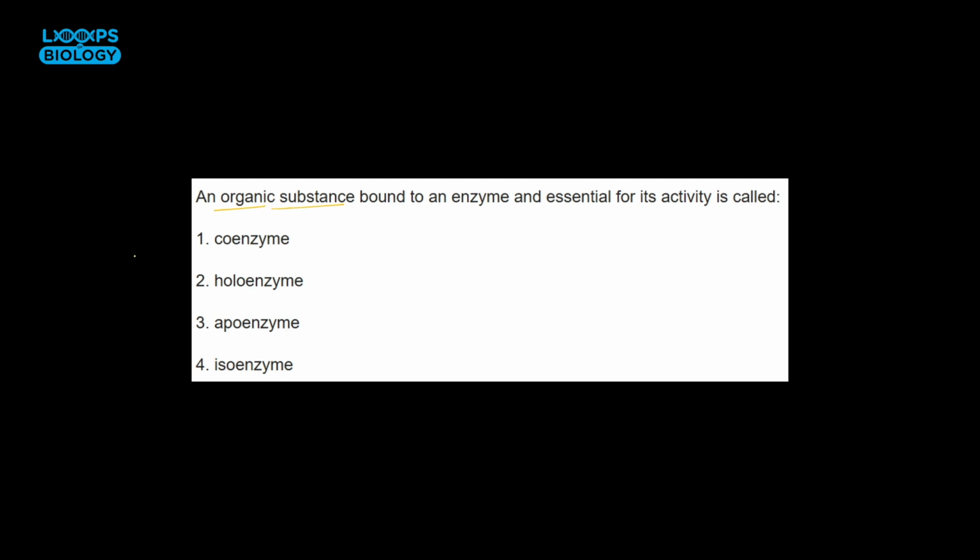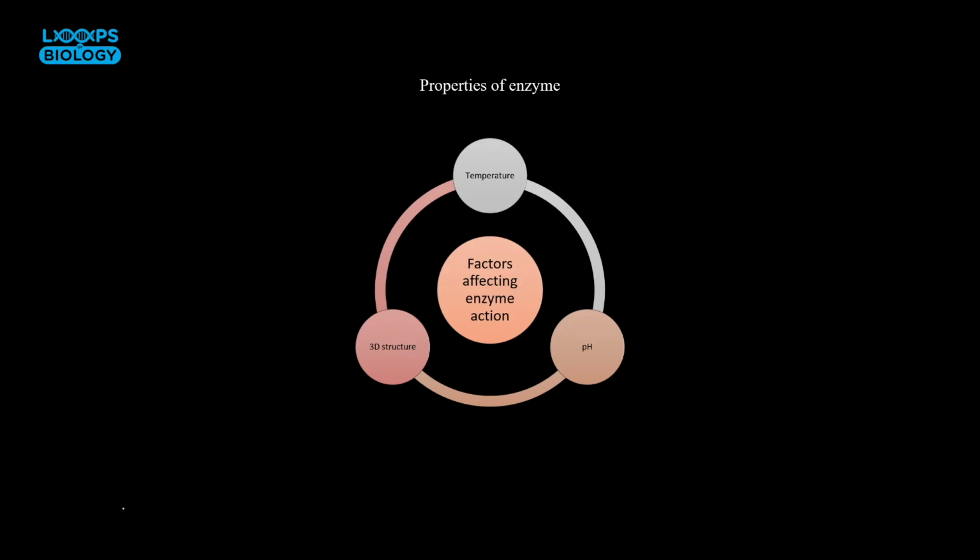So bound to an enzyme means it is coenzyme. Even though the prosthetic group is also organic, it is not listed in the options, and there is the case of holoenzyme, but the holoenzyme is a type of enzyme, guys. It is not a bound substance. The bound substance is going to be your coenzyme. That's why the coenzyme is the correct answer for this question.